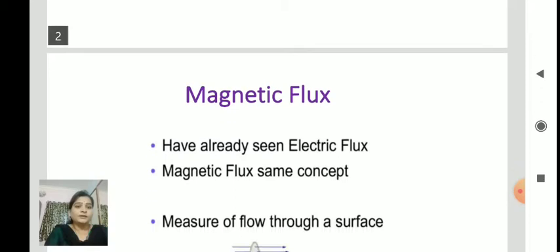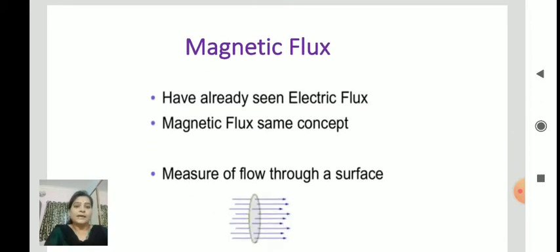Let us discuss magnetic flux first. We have already seen the concept of electric flux phi E in electrostatics, and established the relation phi E is equal to integral E dot ds, that is E ds cos theta.